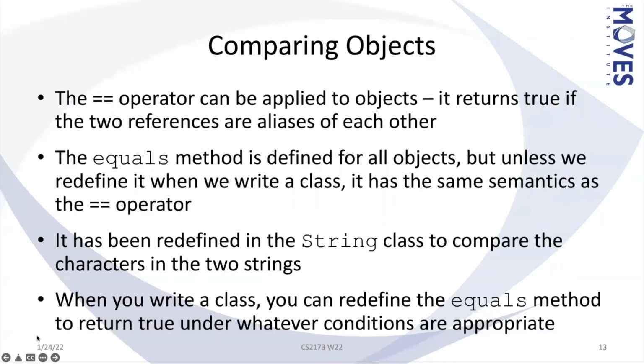Okay, again, this bears understanding. If we have object references, double equals returns true if they're, well, they say aliases. Basically, that's just a fancy way of saying that the two object references are both referring to the same object. Now, every object has an equals method.